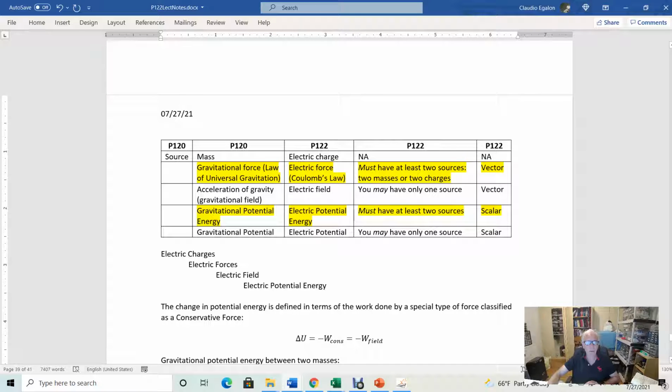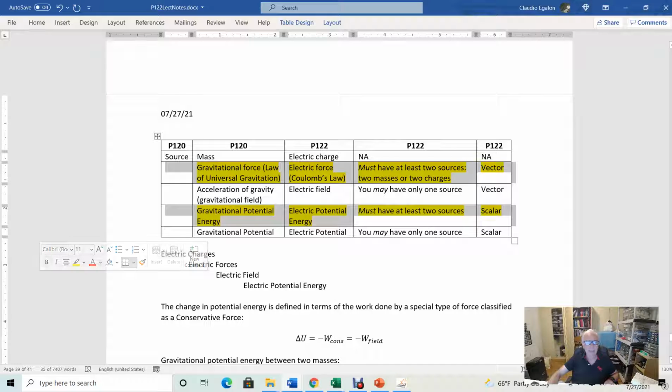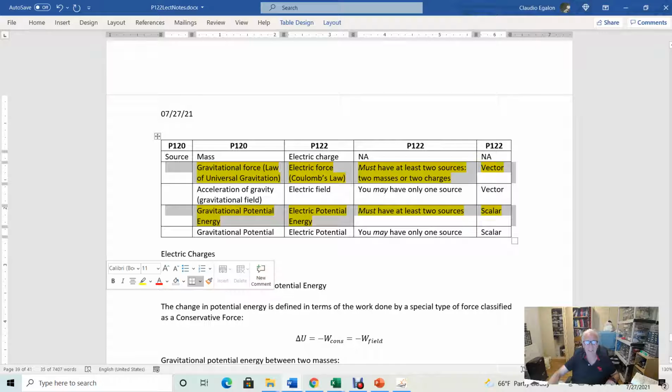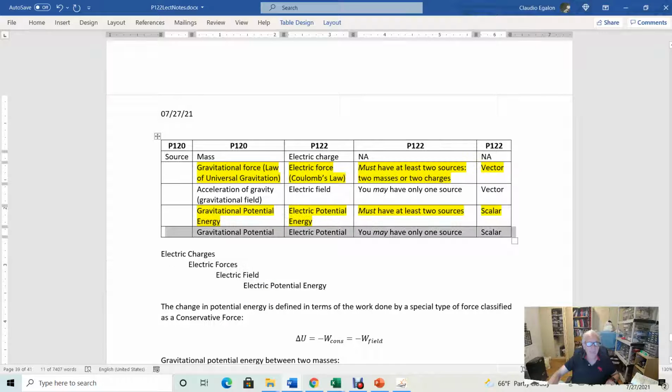So what we have here? We have here the following. If the gravitational potential energy is the scalar counterpart of the force, then it means that if the potential energy here, not gravitational potential energy, but if the potential energy is the scalar counterpart of a force, okay, then it also means that the potential, whether electric or gravitational, is the scalar counterpart of the field.